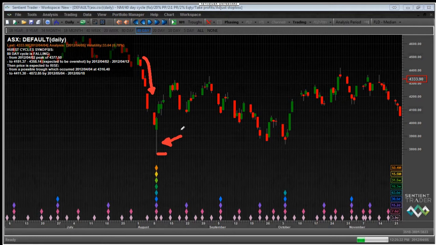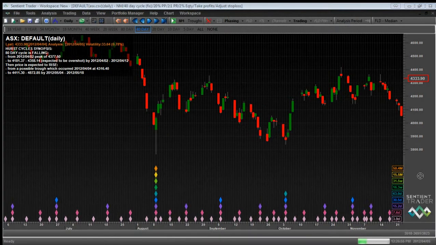So you can see what happened during this day on August the 9th of 2011: price opened at this level, fell down to a level right down there.